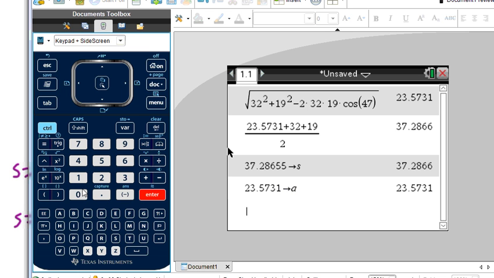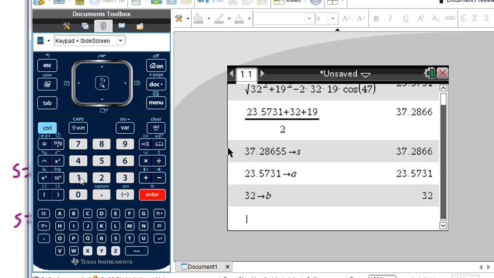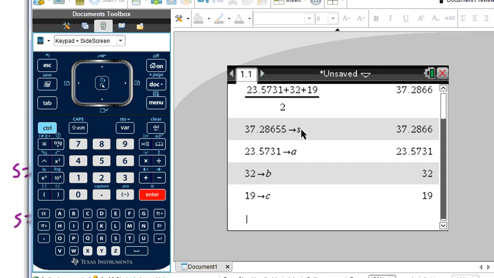The side, doesn't matter which side, I think it's side B, 32, storage, side B, enter, and 19, storage, C, enter. So we have quantities for S, A, B, and C entered in our calculator right now.